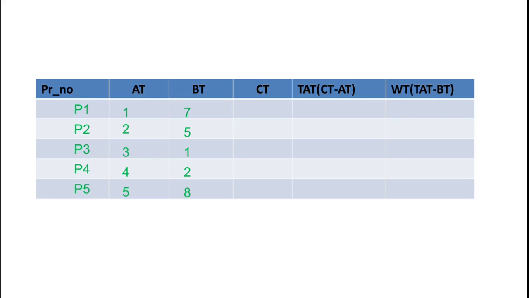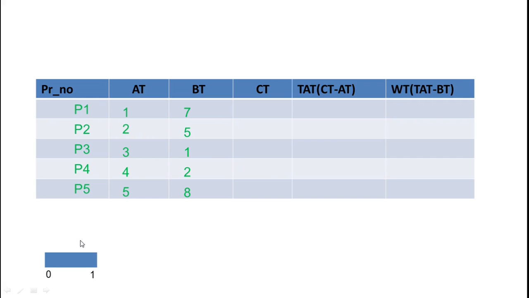But if we look at the arrival times of all processes, no process has arrived at time 0. The first process arrives at arrival time 1, but we start our Gantt chart from time 0. So from time 0 to 1, no process is in execution.